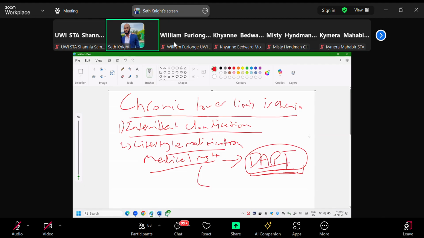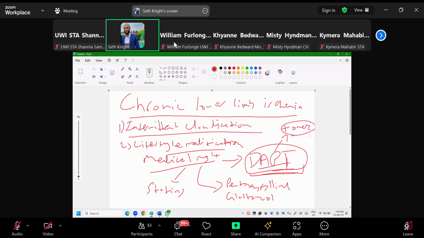All right. The other forms of medical management, the two drugs that you need to know would be pentoxifylline, which is a phosphodiesterase inhibitor, as well as cilostazol. So these two pop up as medical management of chronic lower limb ischemia. Of course, you want to lower your cholesterol, so you put them on statins. And anytime you're giving a patient that, you always have to add on omeprazole.